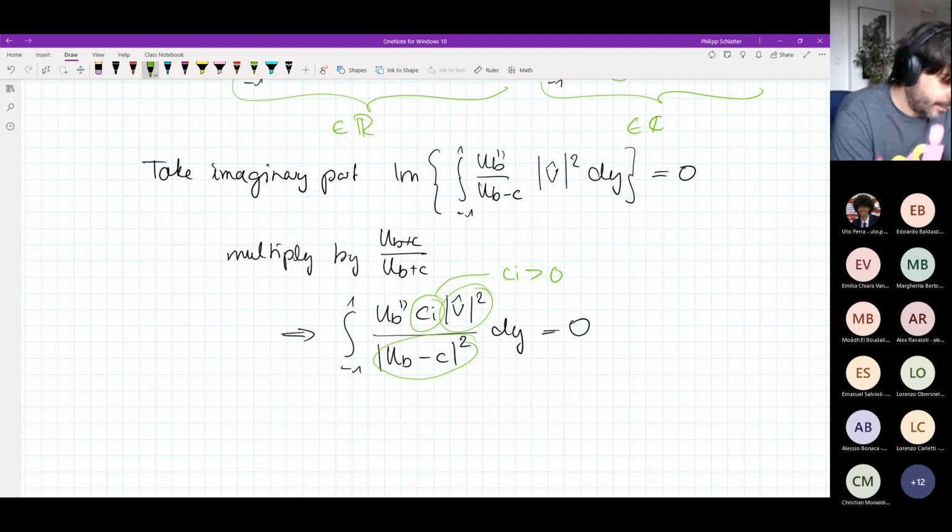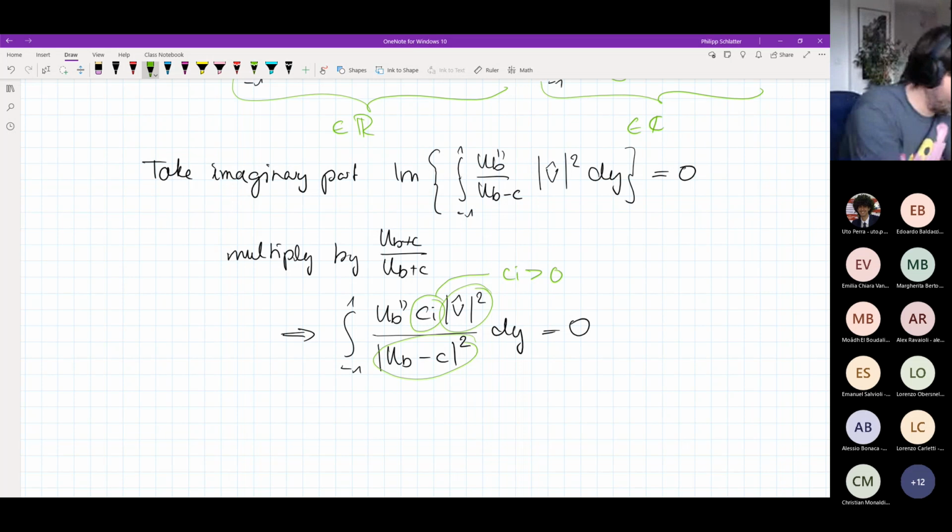So essentially all the green terms are larger than 0, and the integral of those needs to be 0. Well, what does that mean now for ub double prime? Well, it means that ub double prime somewhere needs to change sign, because otherwise you could not have an integral over a domain be 0 of only positive numbers.